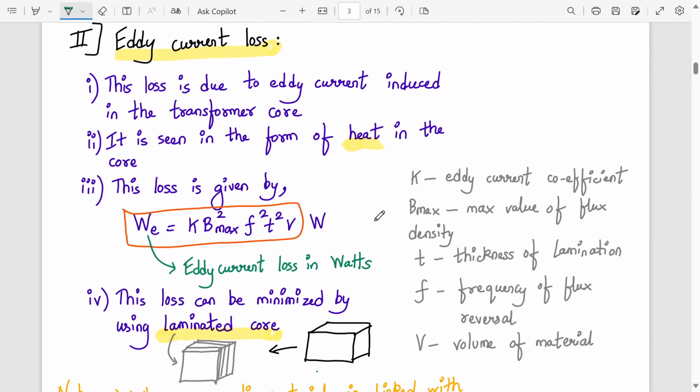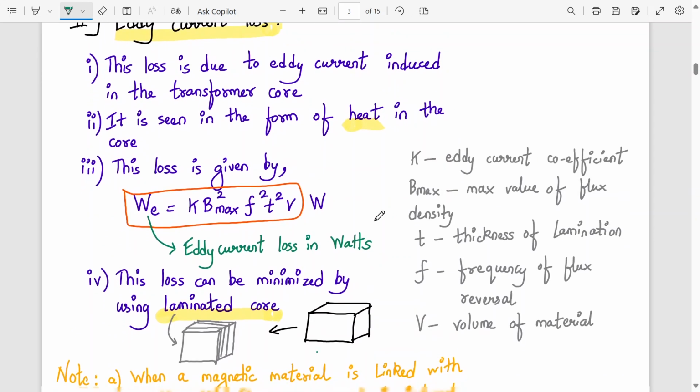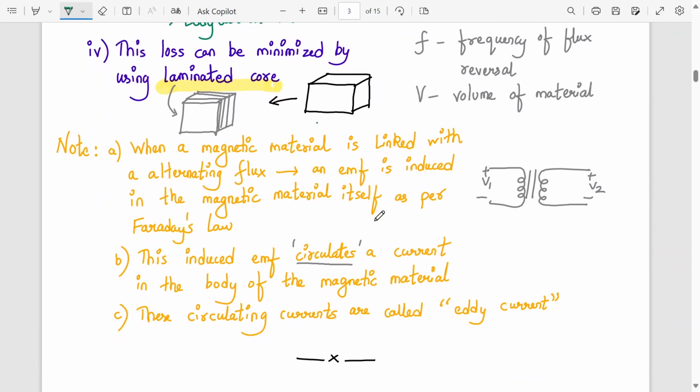Students, do you have any doubt regarding eddy current loss? Now a little bit about eddy current. What is eddy current and how is it produced? Whenever a magnetic material is linked with an alternating flux, an EMF is induced in the magnetic material itself as per Faraday's laws of electromagnetic induction. This induced EMF circulates a current in the body of the magnetic material.